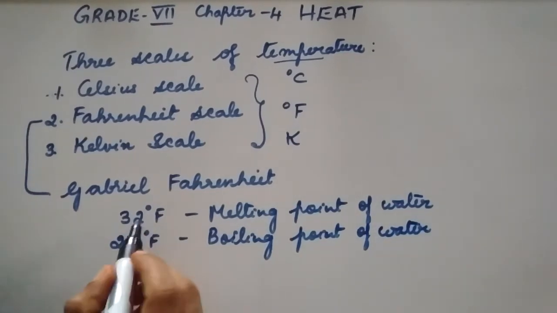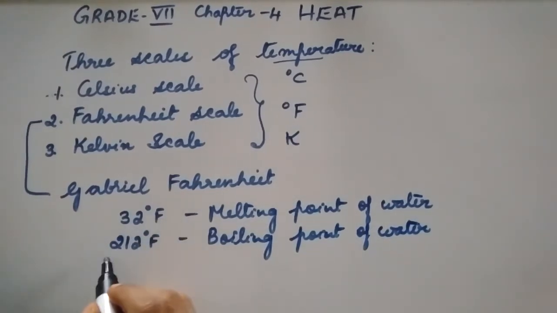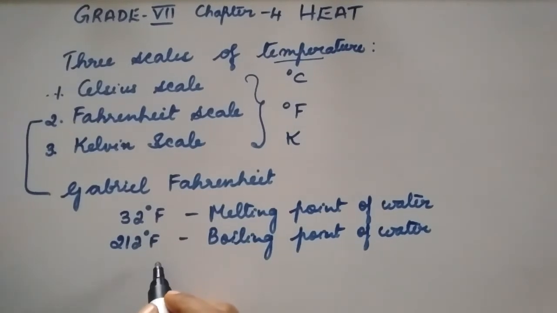So 32 degree Fahrenheit is the lower fixed point and 212 degree Fahrenheit is the upper fixed point. Is this clear, students? Okay.